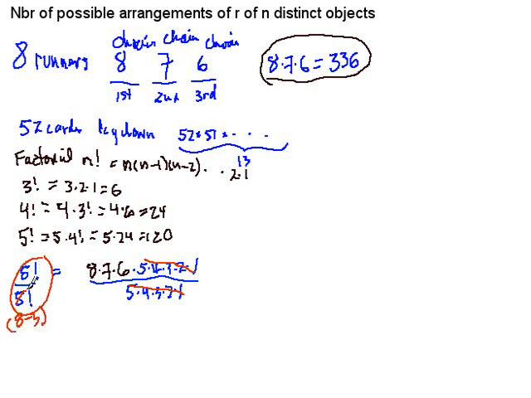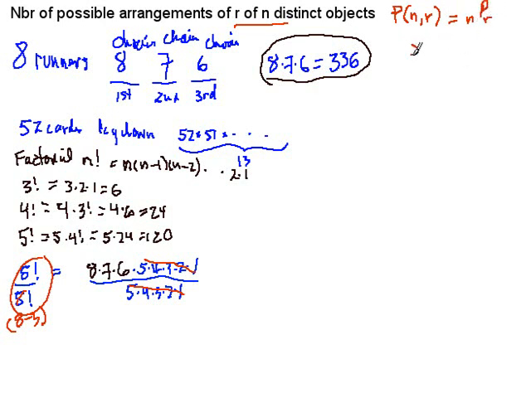Okay, so if I wanted to make up a formula here, let's make up a formula for calculating the number of possible arrangements of r of n distinct objects. Well, let's see, we need a name for that. Typically, these are called permutations. And so this would be P of n, r, right? Or if you're using calculators, they would write it something like this, nPr.